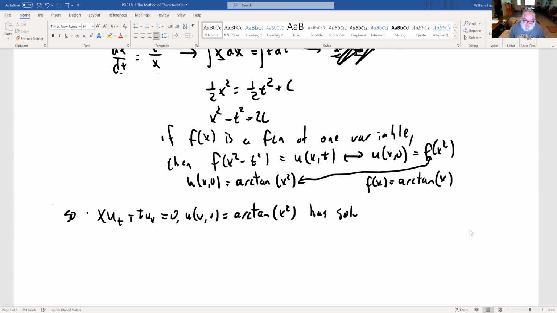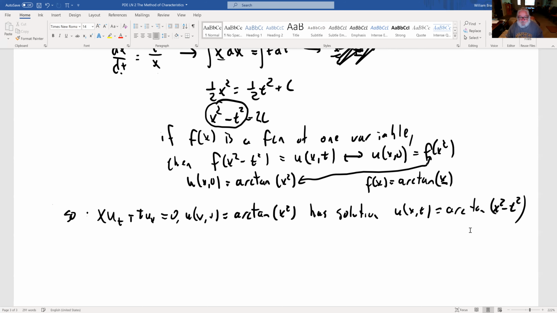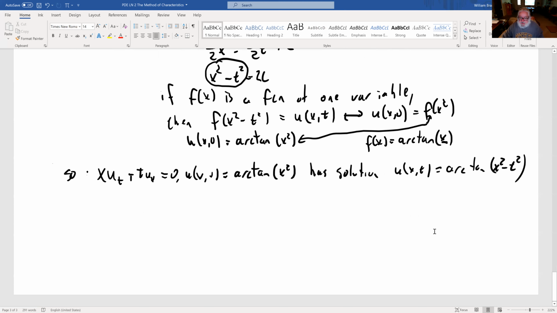As solution, u of x comma t equals arctangent. We take our x and we replace it with our level curves, x squared minus t squared. Great. So how do you check this is true?